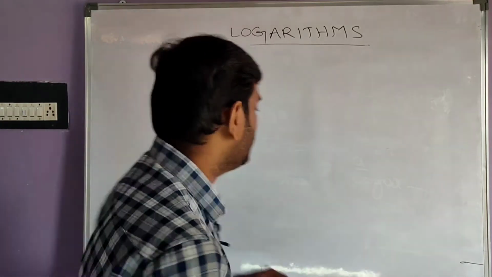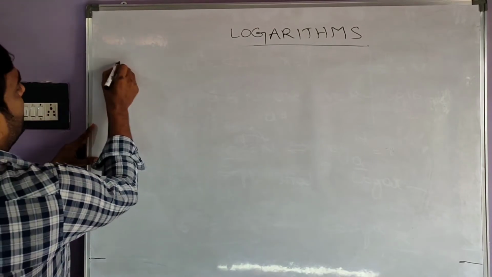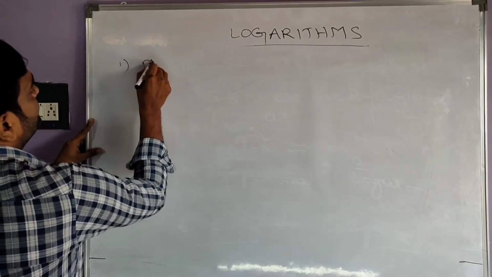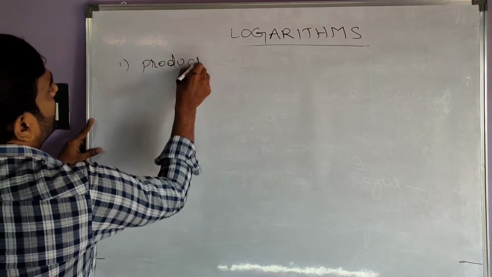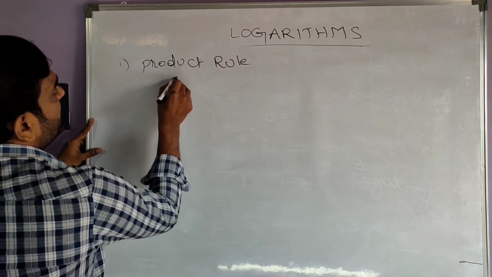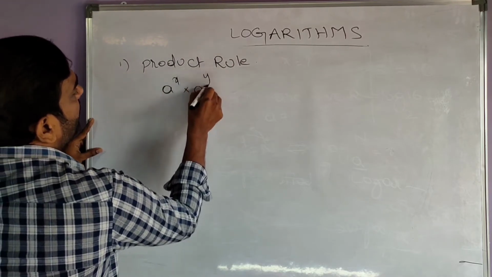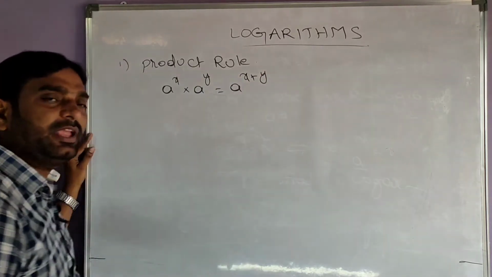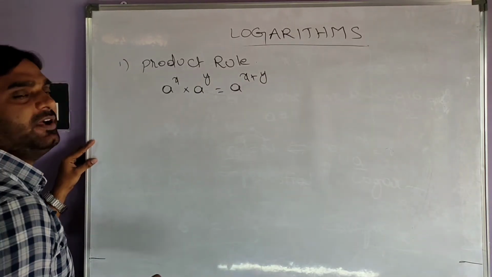By this we can write, let's take the first one, the product rule. By exponents, a power x into a power y is equal to a power of x plus y.